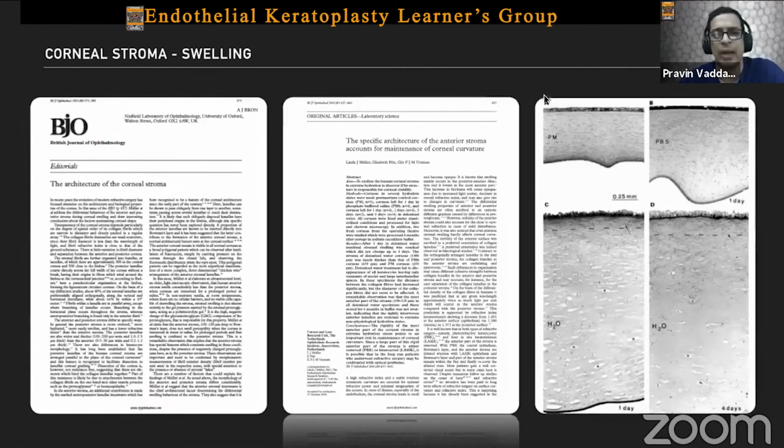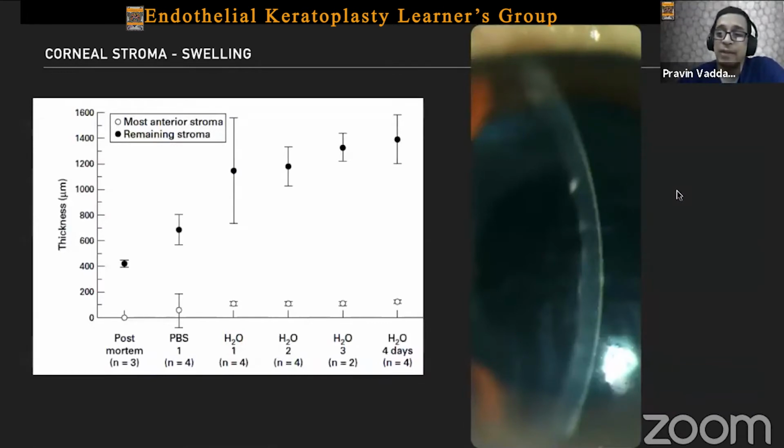This is from the point of view of artificial development of corneal edema. Now, this is again very interesting because if you look at the development of corneal edema, you will actually see that it tends to develop most often in the posterior stroma first, if you observe it carefully, and then moves on to the anterior stroma. Also in this article, they realized that if you look at the anterior stroma, which is the white circles right here, even with significant duration of hydration, there was no significant thickening in the anterior stroma, whereas the posterior stroma continued to swell.